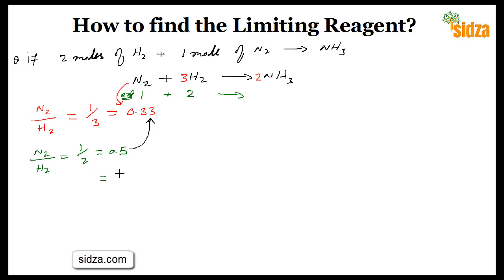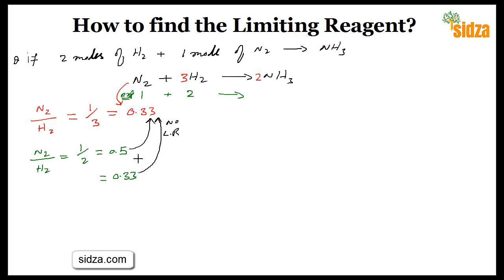For example, imagine the value does not come to 0.5, but rather the nitrogen to hydrogen experimental ratio comes out the same, 0.33. Then it means this ratio is exactly similar to the balanced ratio, so there is no limiting reagent. When the experimental ratio of the reactants is similar to the balanced ratio, there is no limiting reagent.